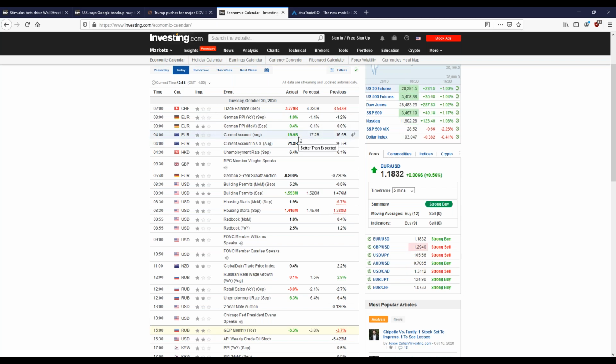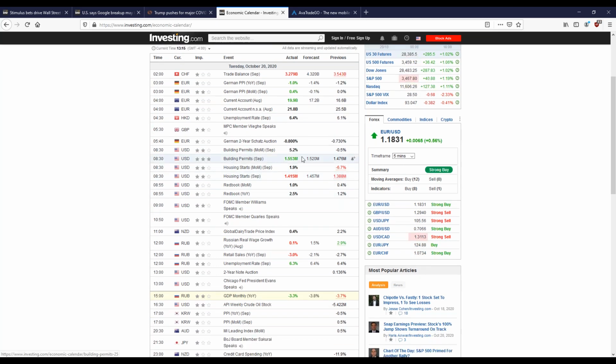Current account, another way of saying trade balance, was better than expected on the economic calendar, nearly 20 billion in the positive with exports versus imports. Also building permits were good out of the US. All of this is helping the optimism.